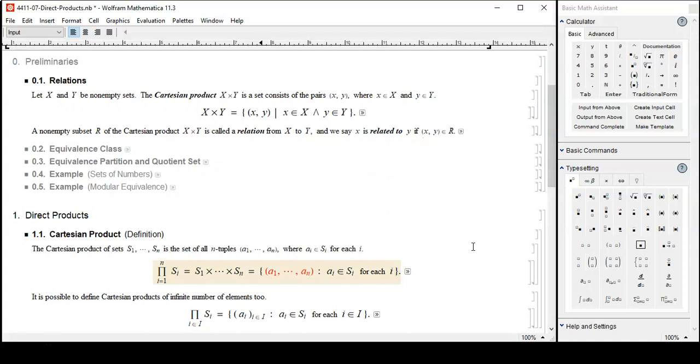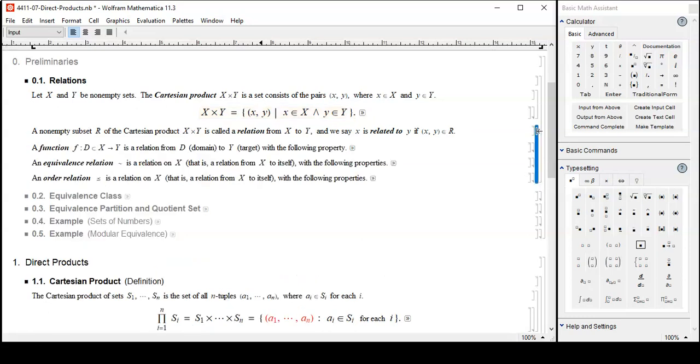Come back here. Can I do that with 3 sets, 4 sets, or arbitrary n sets? Well, it's not that obvious. So how do you do that? Let's go back here and we define the Cartesian product. Then we define a relation as a non-empty subset of a Cartesian product. Remember all that?